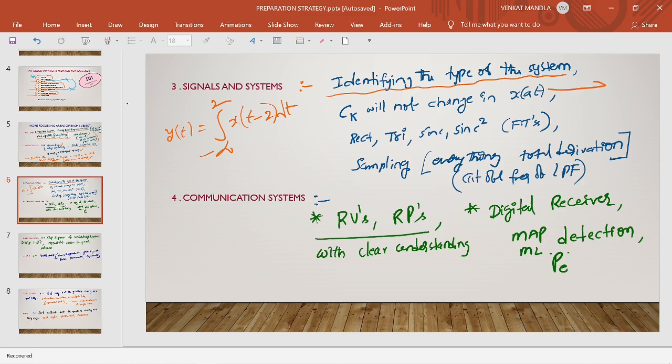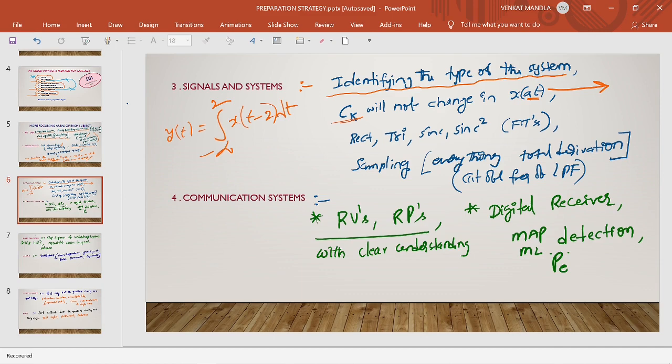Next, the Fourier series. The exponential Fourier series coefficient Ck will not change in time scaling x of at. I'm not saying that you don't need to study anything from Fourier series, but this is the more focused area.